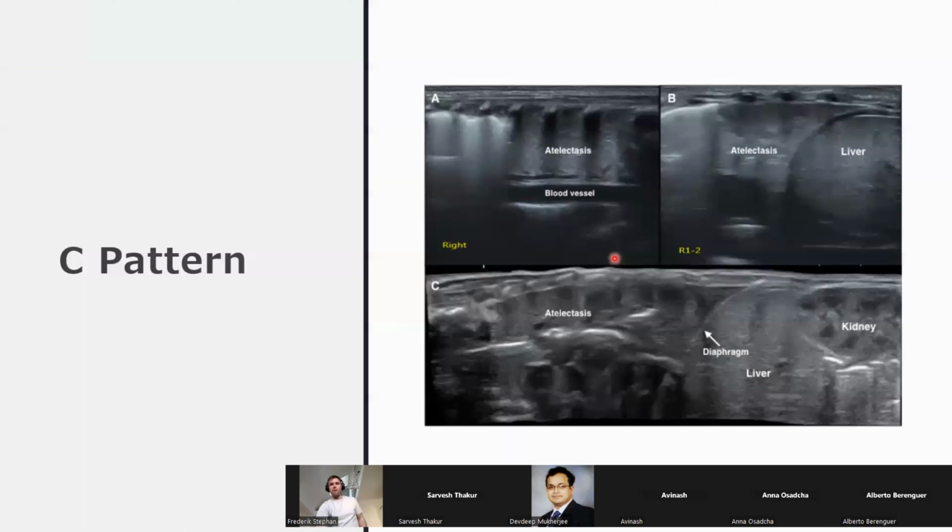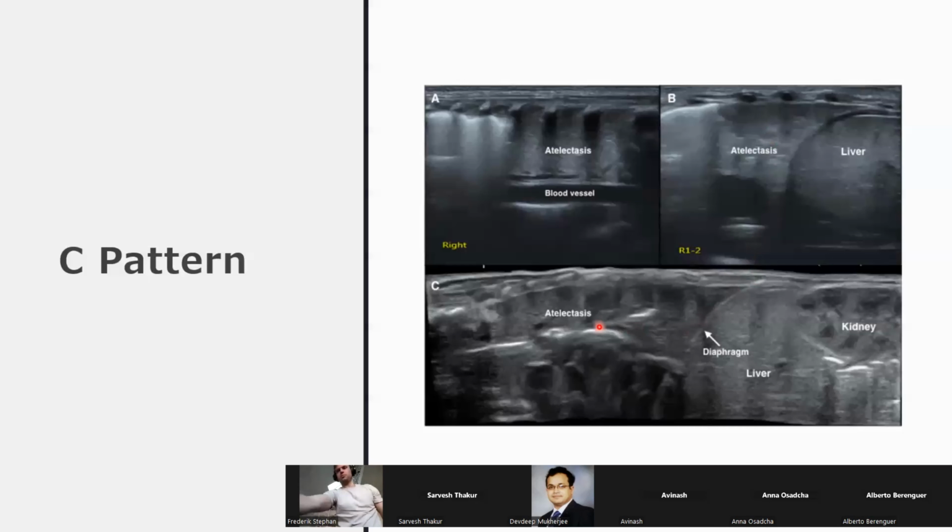Now, really, before that, what we have to talk about is what we think is recruitable lung. Now, what I'd say is you can see different patterns of atelectasis over here. Now, if you look at slide A, what you can clearly see is a B profile. You can see atelectasis here with no pleural line with what is completely hepatized lung. A very similar pattern seen over here, but this is a little bit more geometrical.